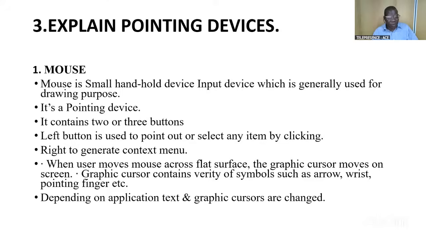The left button is used to point out or select any item by clicking. The right button is used to generate a context menu.